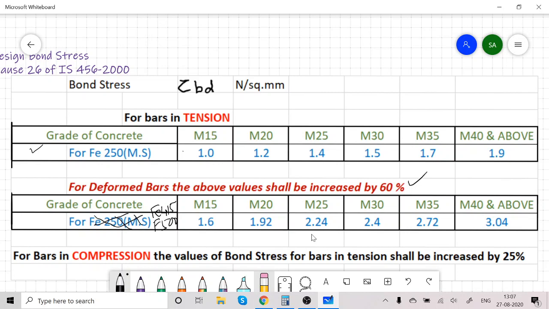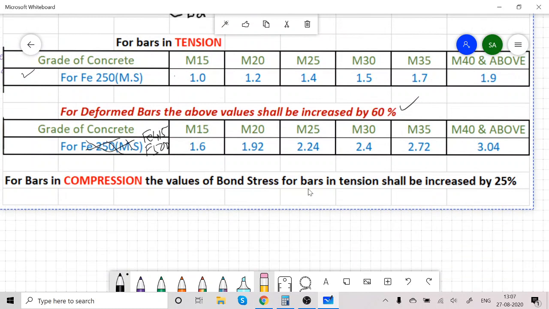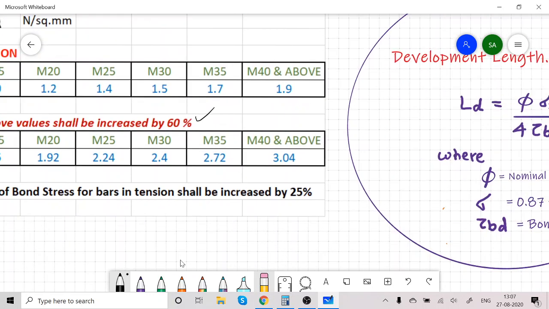Now, if the bars are under compression, the values of bond stress shall be increased by 25%. So if the bar is in compression, the value of bond stress is increased by 25%.